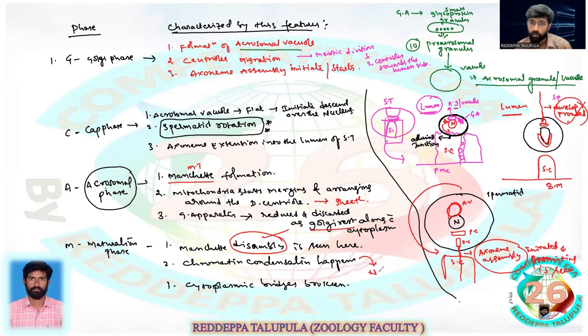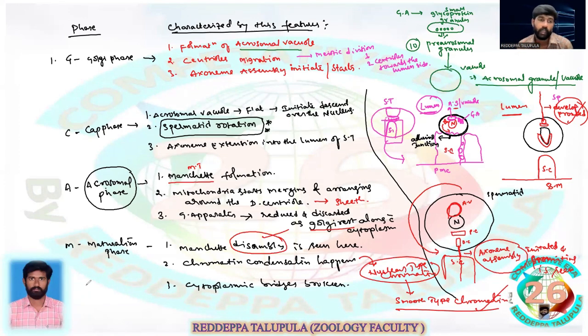Because of this, the nuclear type of chromatin is converted into, sorry, not somatic, simple type. Simple or smooth type chromatin. The nuclear type of chromatin is condensed into the smooth type of chromatin.